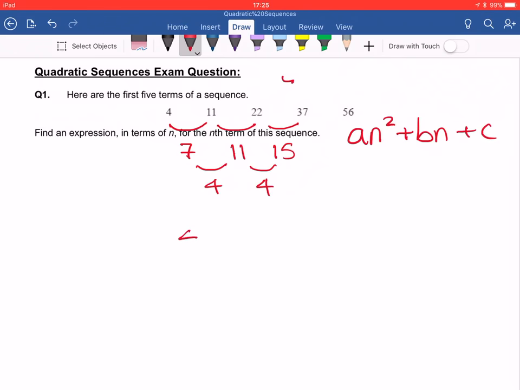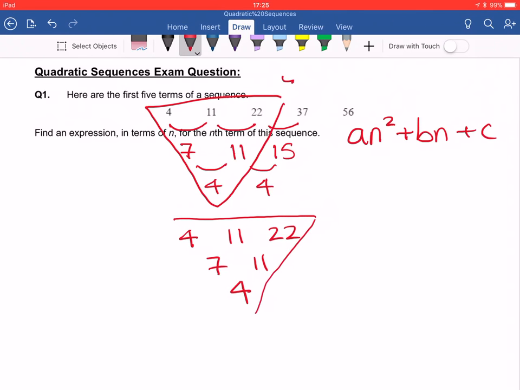If we take 4, 11, and 22, so that was our original sequence, and then you've got 7 and 11. I'm just going to rewrite it so it's a little bit clearer. We've got our sequence at the top, our first difference, and second difference. And if I just put a triangle around it.